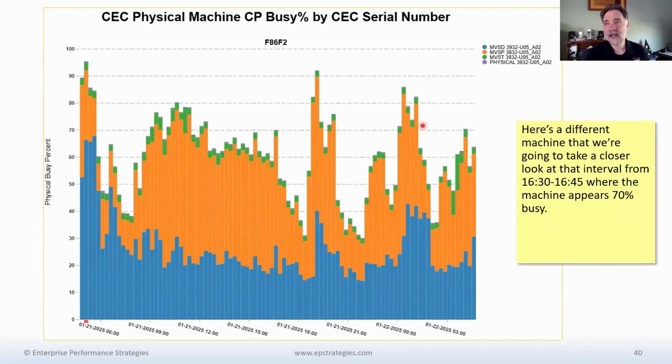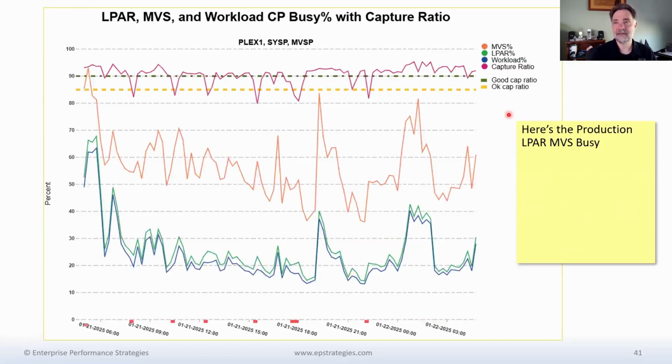So here is an example of a machine that here at 1630, we see the machine running 70% busy. Again, it's a U05, so it's a 5-way machine. So from these 15-minute interval data, not really a problem, right? And in fact, if we look at the MVS busy number, again, it doesn't look like a problem, especially since there are other intervals where it's even higher, right?